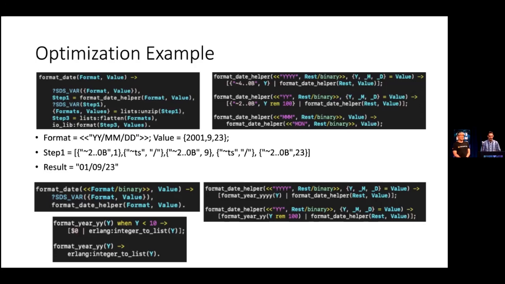And the output is the date based on the given format. So now I would argue that this is probably a beautiful function. But is it fast? Really, it's not fast based on what profilers told us.